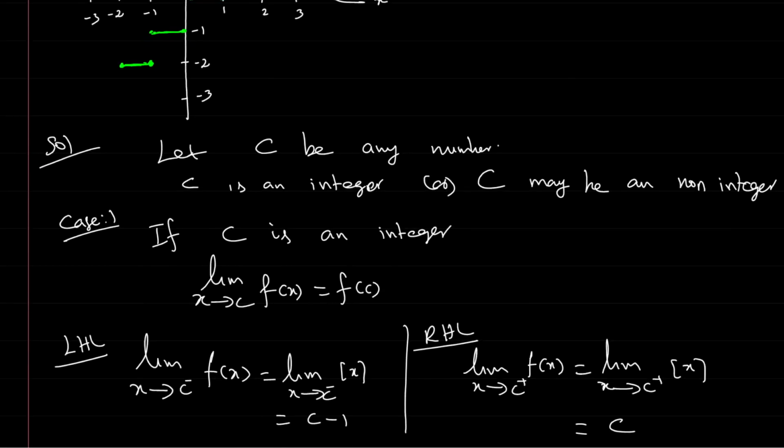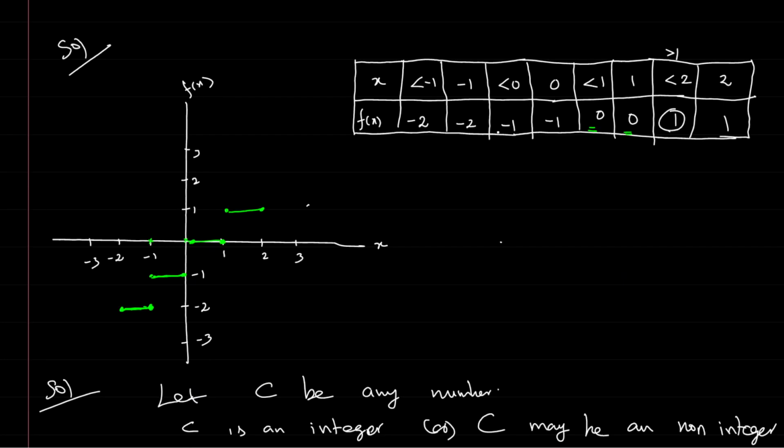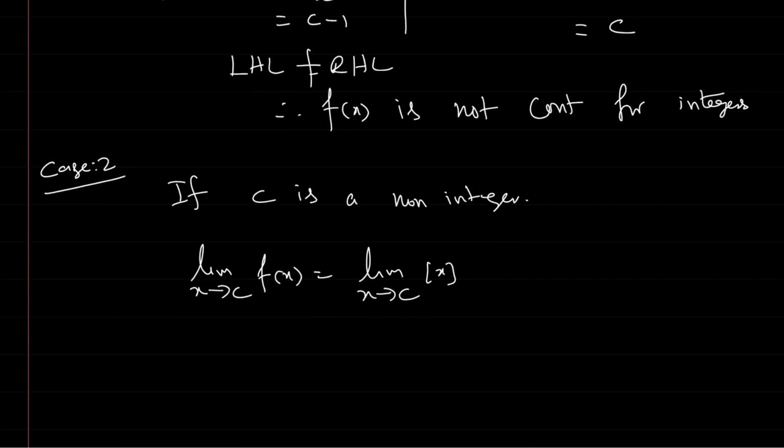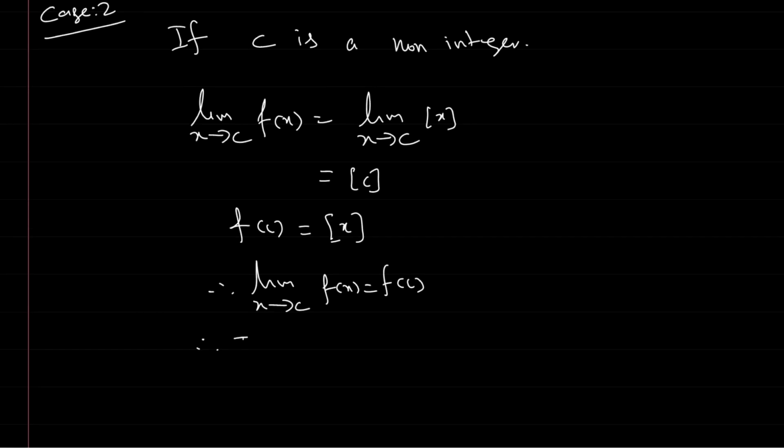For non-integers, it remains the floor of that number, that is the greatest integer less than that number. Therefore, we can write it simply as floor of C. Now, what about f of C? f of C is simply floor of C. Therefore, limit x tends to C of f of x is equal to f of C. Therefore, the function is continuous at non-integers.